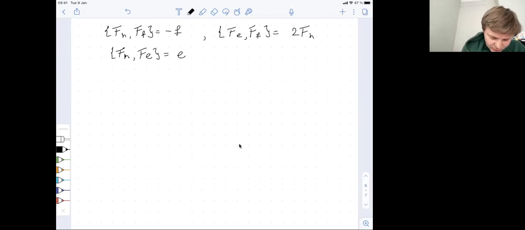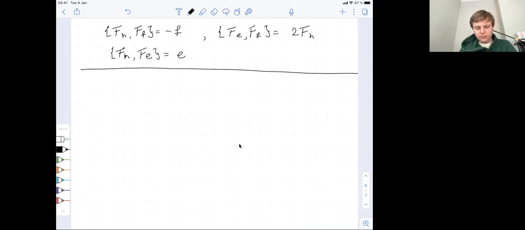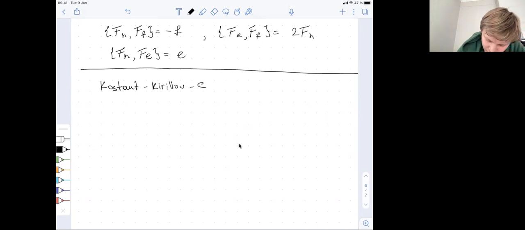The main question here is, okay, this is a Poisson space, but what are the symplectic leaves of this Poisson structure? I think this is a theorem by Kostant, Kirillov, and Souriau. I don't remember how to write his surname correctly, so I will keep it like this.